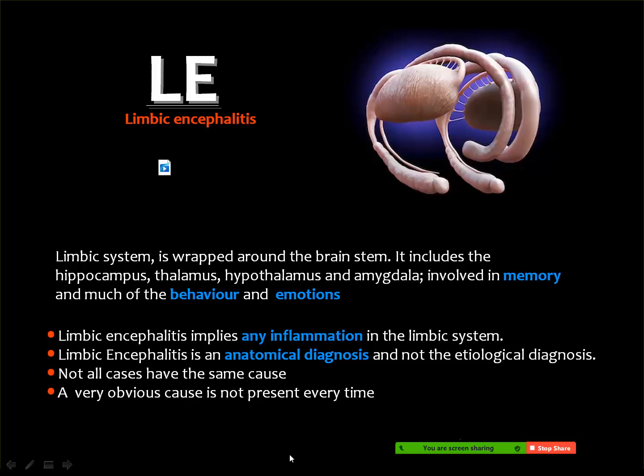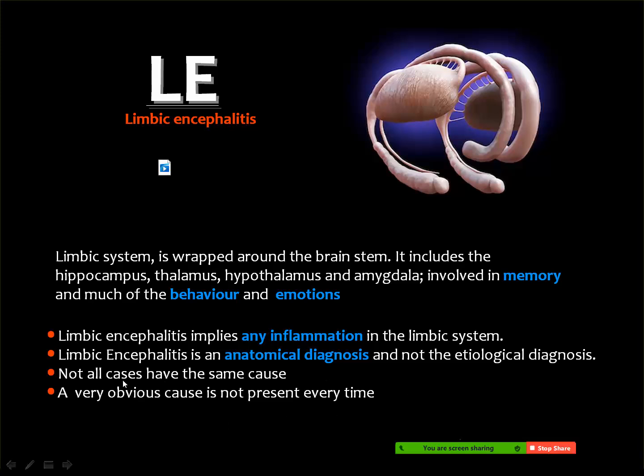What is limbic encephalitis? Limbic encephalitis is an inflammation in the limbic system. What is the limbic system? It is the hippocampus and the amygdala. Also, limbic encephalitis is not a pathologic diagnosis, it's an anatomical diagnosis, meaning that limbic encephalitis is an imaging finding for another disease.